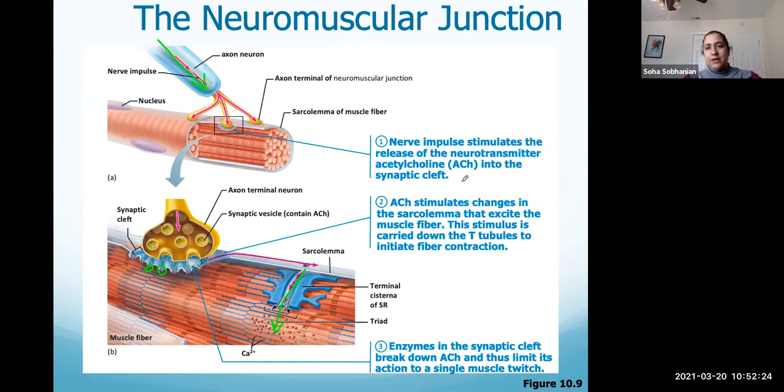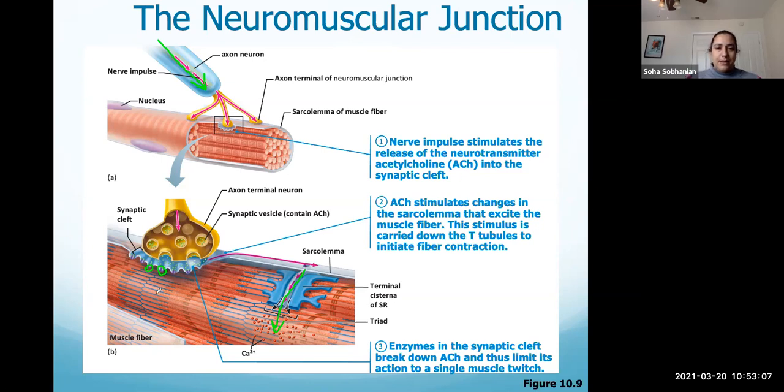Second thing, the electrical impulse at the axon terminal causes the vesicles filled with neurotransmitter ACH to be released into the space called the synaptic cleft, right?